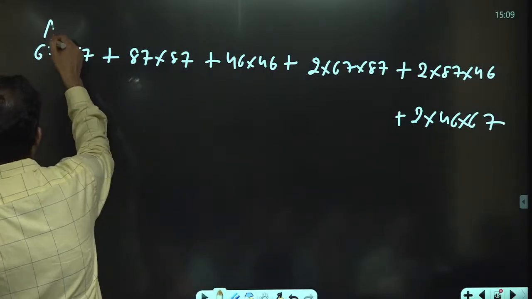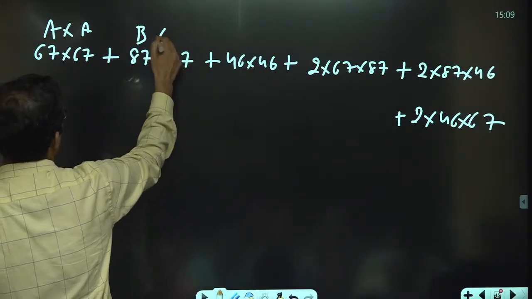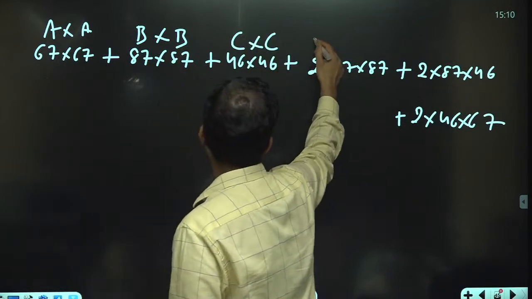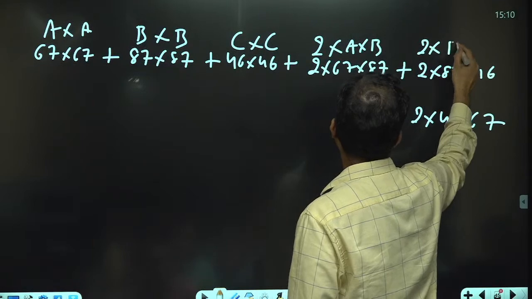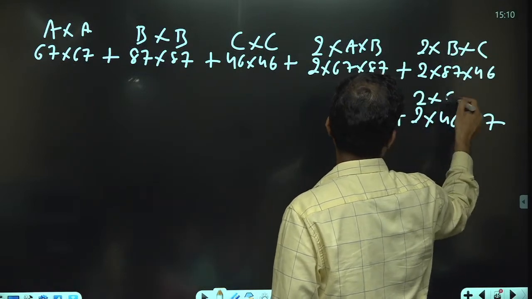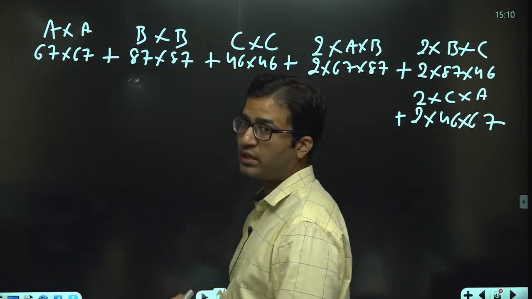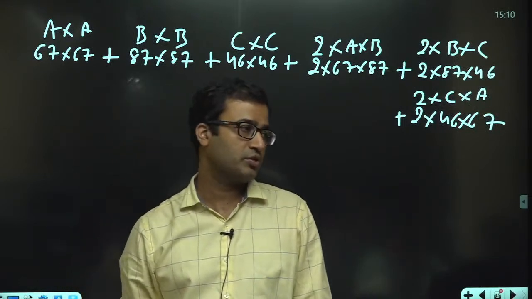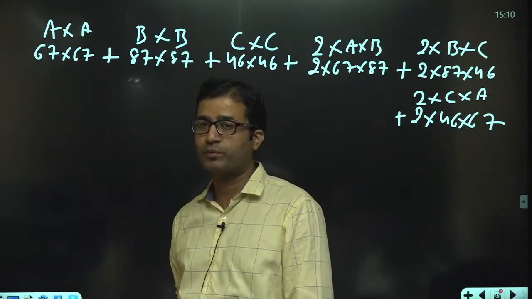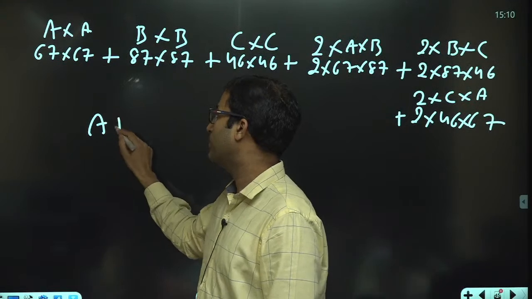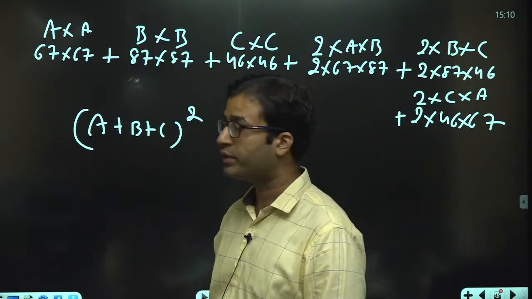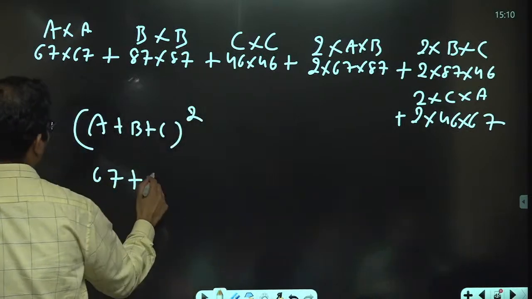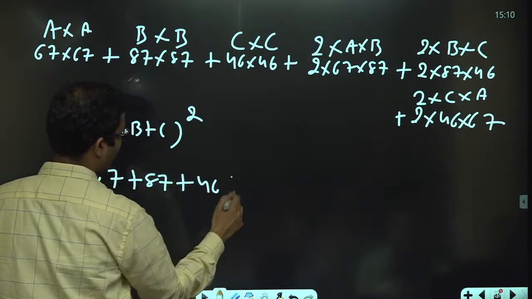So this is A into A, B into B, C into C, 2 into A into B, 2 into B into C, 2 into C into A. So there is a formula: A square plus B square plus C square plus 2AB, 2BC, 2CA is A plus B plus C whole square, where the value of A is 67, value of B is 87, C is 46.